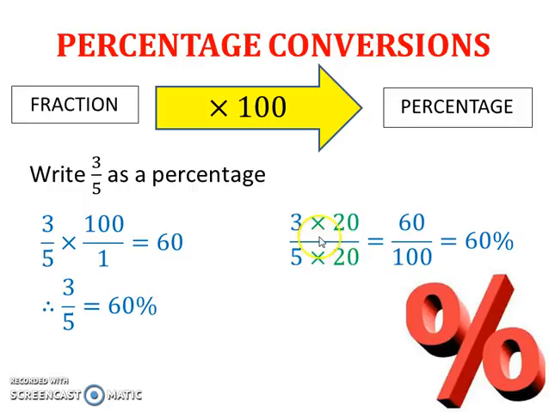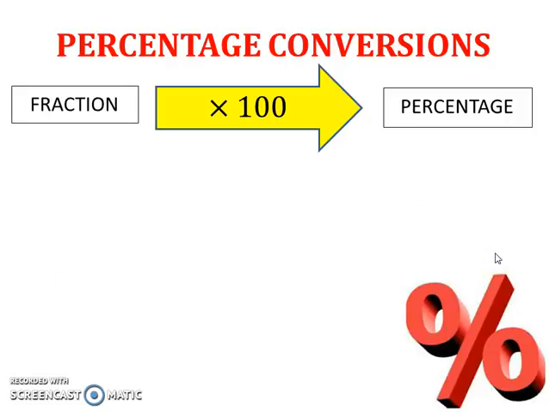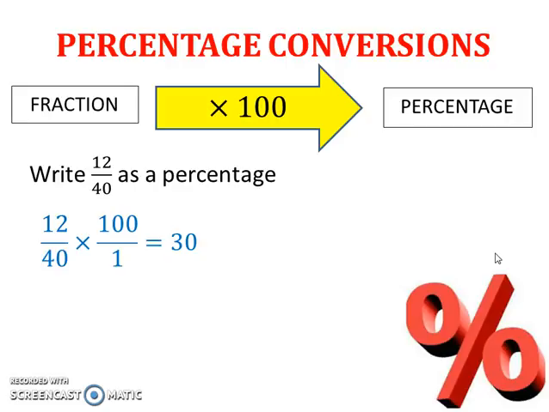The other way you can do it is you can multiply the top and the bottom by 20 to get it as a fraction out of 100, and then go straight away. As soon as it's out of 100, that's what my percentage is, whatever's written on top. If I've got a question like 12 out of 40, again, if I times it by my 100, basically I can cancel down by dividing by 10 on top and bottom, and then I've got 12 divided by 4.